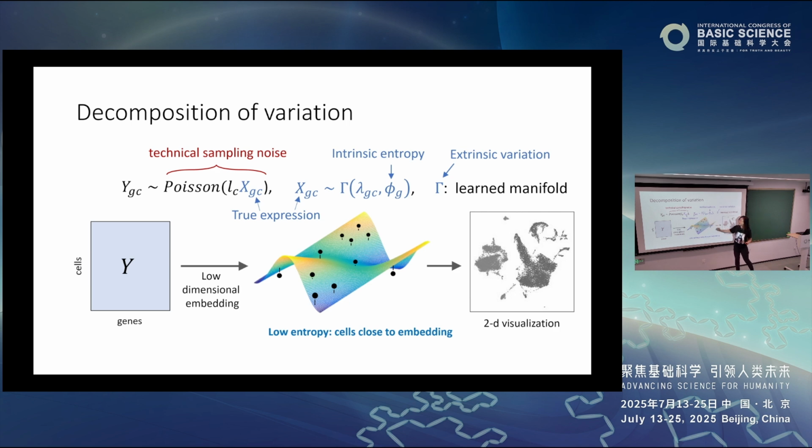Then you can assume that the cells lie close to that manifold. The question here is, you could be in a high entropy scenario where the cells are very far from the manifold, or you could be in a low entropy scenario where the cells are close to the manifold.